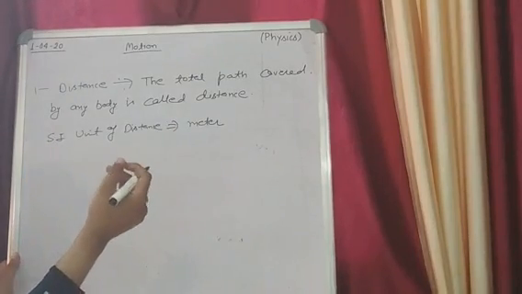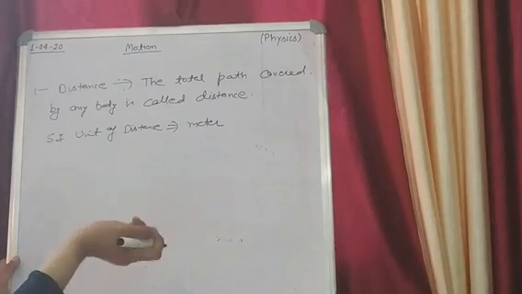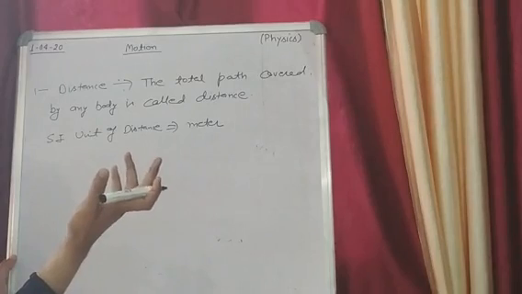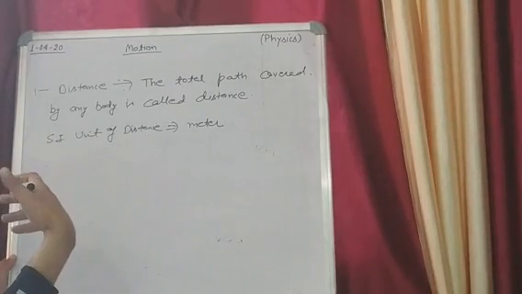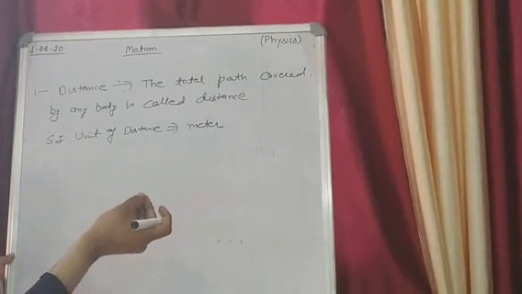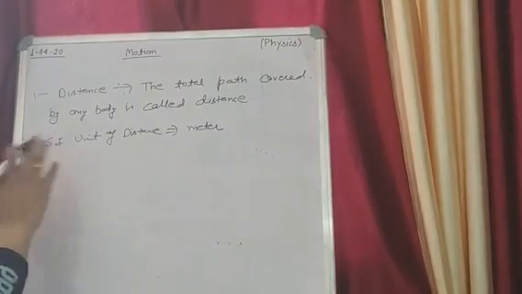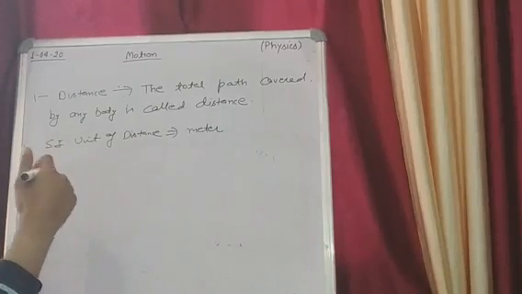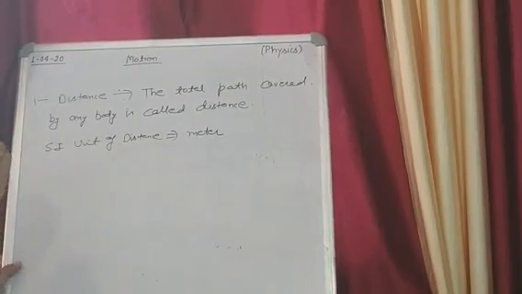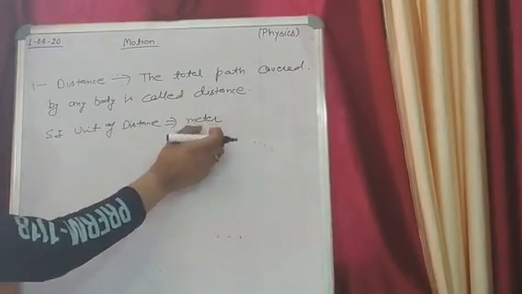We can measure distance in kilometer. We can measure distance in centimeter. We can measure in millimeter also. Okay. We have some larger units like light year. We have some smaller units like millimeter, centimeter, decimeter, decameter. Okay. There are a number of units of distance. We can measure by a number of units. But the SI unit of distance is meter. You should know this thing. You should remember this thing.